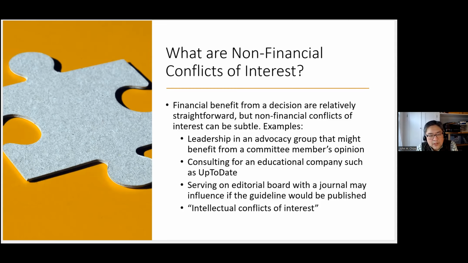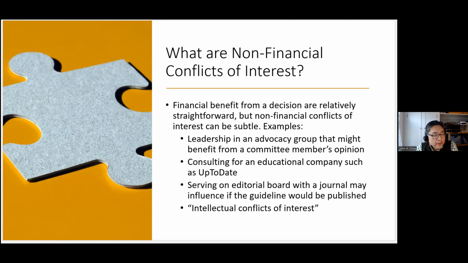So as an example, you might have a person who is passionate about a topic and is active in an advocacy group that ultimately might benefit from a change in clinical practice guidelines to be recommending something that advocacy group really wants. You might consult for an educational company, and I use just as an example, UpToDate, or might serve on an editorial board that ultimately might pick whether to publish your guideline or not.